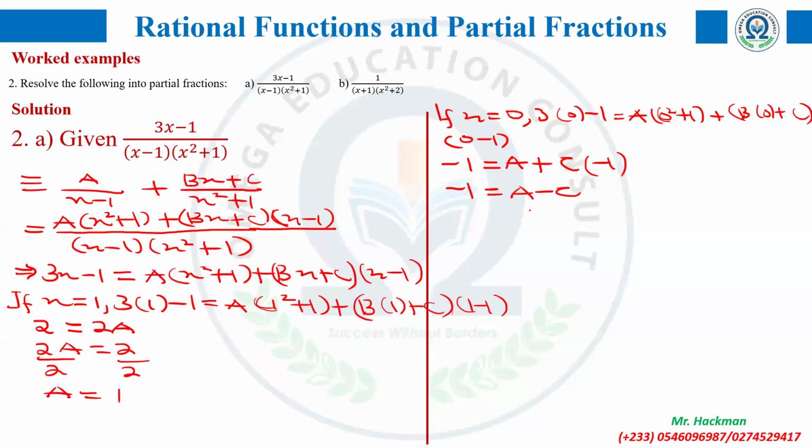So once A is known, you are not bothered. You just come and substitute. So this implies that -1 is equal to 1 minus C. I will move the C to this side, which gives me C is equal to, then I move this one to this side, is equal to 2. You get a point. Is my point well made? Yes, sir. Okay, so we've exhausted one of our liberty values.